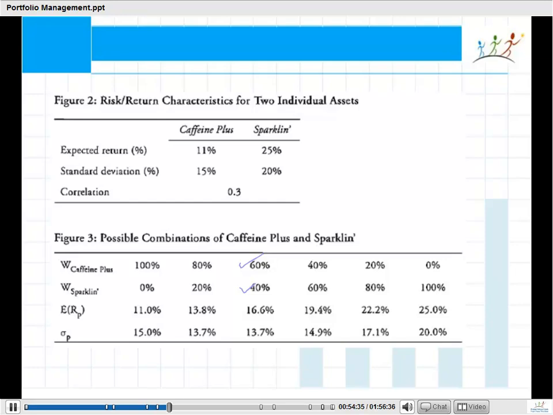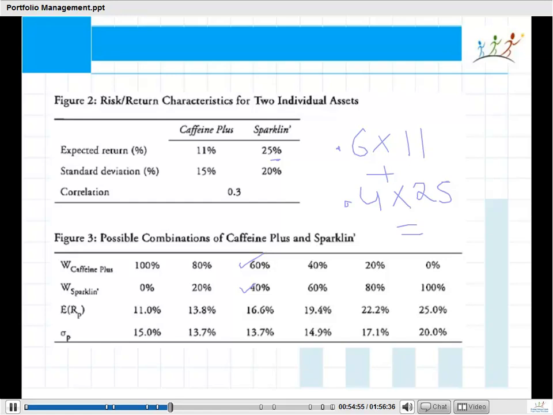The expected return is simple, it is just a weighted average. It will be 0.6 into 11 plus 0.4, that is the weight of sparkling, into the expected return of sparkling, which is 25. Please compute.